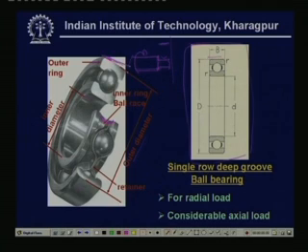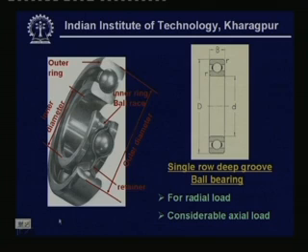And again, the name is single row deep groove ball bearing. This is mostly meant for radial loads, but it can take up a considerable amount of axial load too.